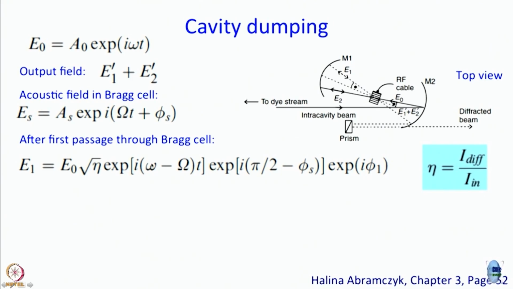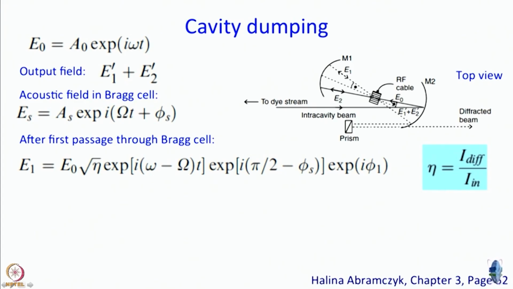This could have been omega plus capital omega t also, multiplied by e to the power I pi by 2 minus phi s multiplied by e to the power I phi 1. Of course, you can write this expression in several different ways, isn't it? Because it is a product of some 3 exponential functions. So, you can add up everything, you can group them differently. This is how it is done in the book. So, we will go by this.